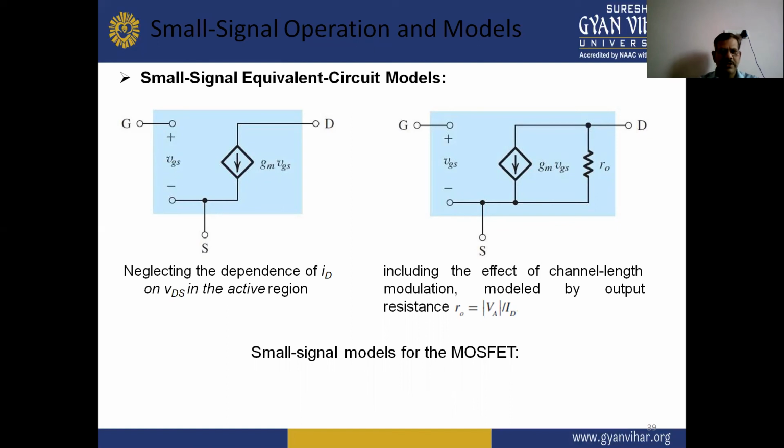In the first figure, neglecting the dependence of iD on vDS in the active region, while in the second figure, including the effect of channel length modulation modeled by output resistance ro equal to VA upon ID. So these are the two figures of small signal models for the MOSFET.